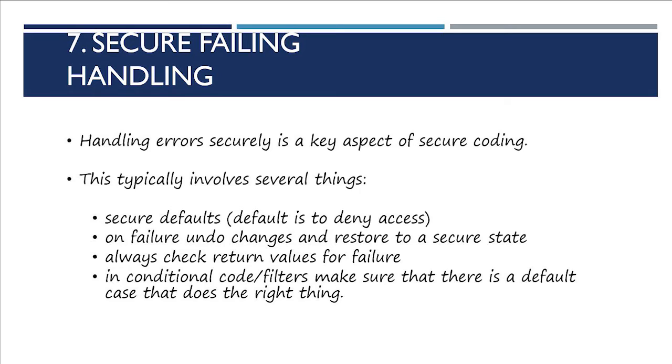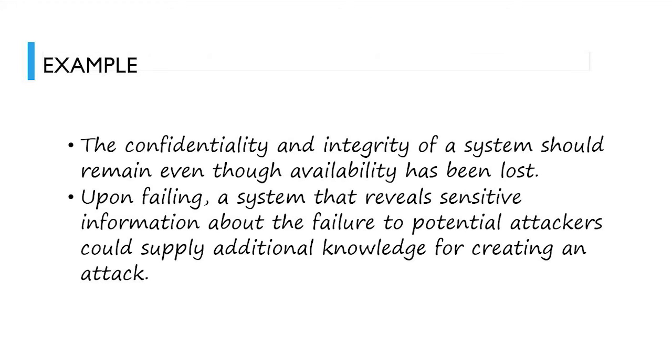Always check return values for failure, and in conditional code or filters, make sure that there is a default case that does the right thing. For example, the confidentiality and integrity of a system should remain even though availability has been lost.